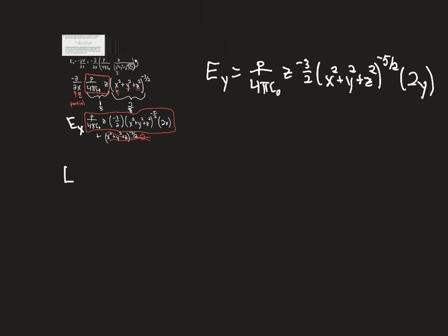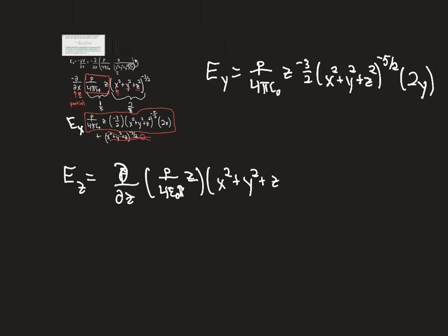Now, EZ is going to be a little bit trickier. So EZ, we have p, we need to take the derivative with respect to z of this p over 4 pi epsilon naught times z times x squared plus y squared plus z squared, all to the negative 3 halves.